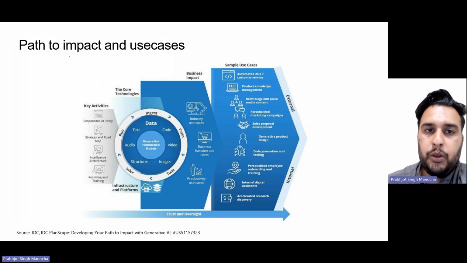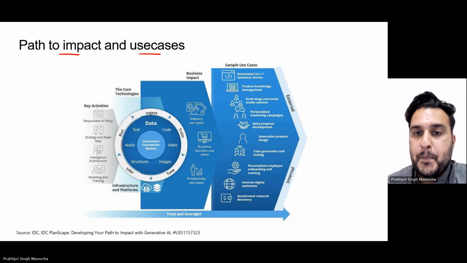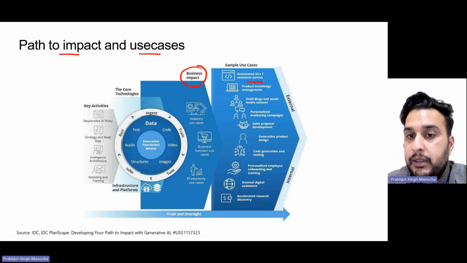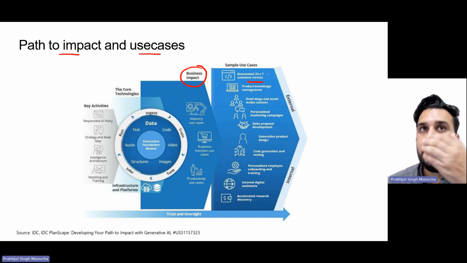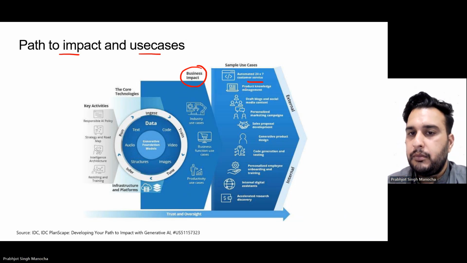So on the path to impact and the use cases, yes, there are various sample use cases with respect to business impact, right? Like automated customer service, the chatbots. We go to a particular website of any company, we keep seeing chatbots which talk with us, and we get the experience like we are talking to humans, right?